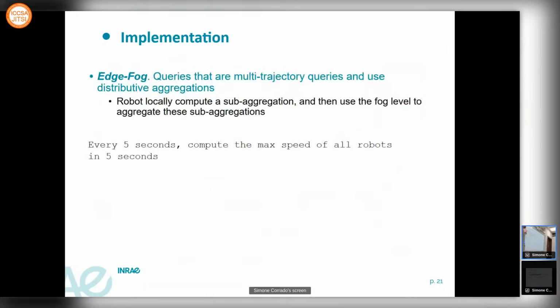Then we understood that we can split some of these queries, computing partially on the robot and partially at the farm level. For example, each second compute the max speed of all robots in the last 5 seconds. Each robot computes its max, sends the max to the fog, and the fog recomputes the max.